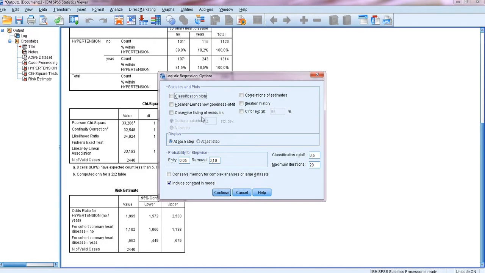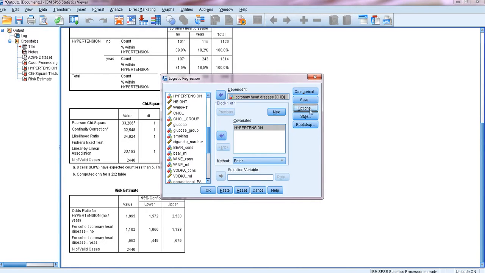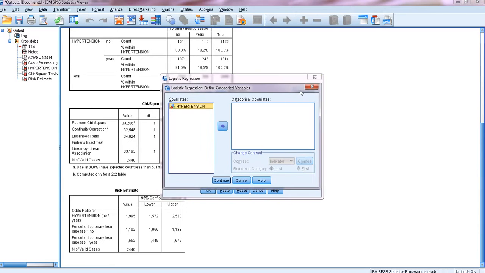Options: you have to ask for the confidence interval. Also, you may ask for the Hosmer-Lemeshow test if you want to assess goodness of fit of your model. And the main condition, without doing this you can't go on: you describe the categorical variables and select the reference group.